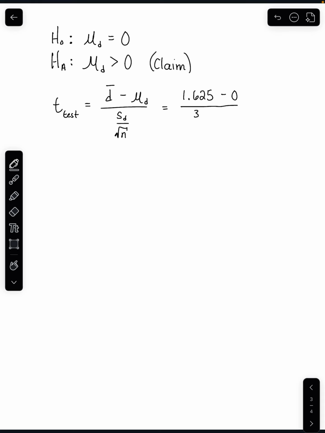Our standard deviation was approximately 3.0677, and that is going to have to be divided by the square root of our sample size, 8. A quick calculation here should give us a t-value, a test statistic value, of approximately 1.498.